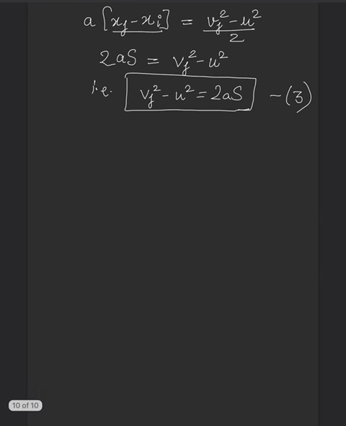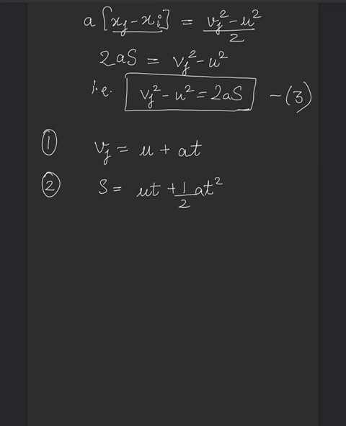Write the 1, 2, 3 again. The first equation was v is equal to, that is vf is equal to u plus at. The second equation comes out to be s is equal to ut plus half a t square.